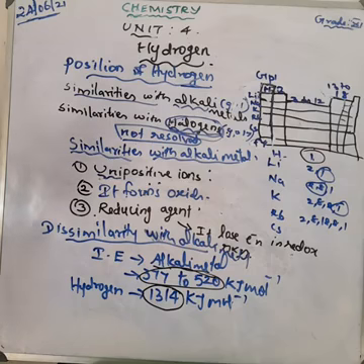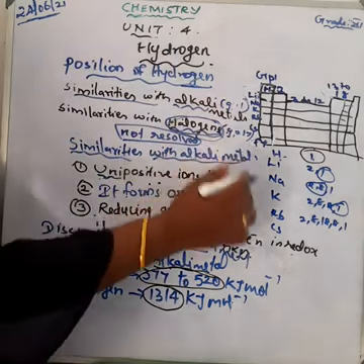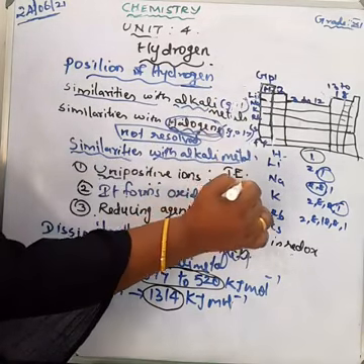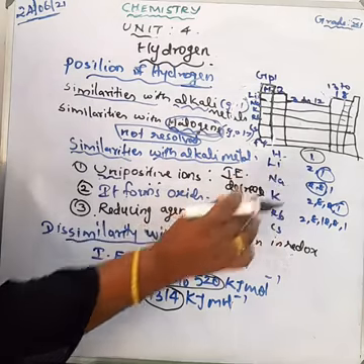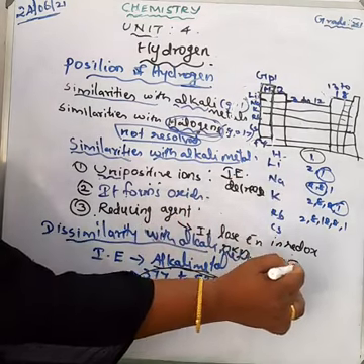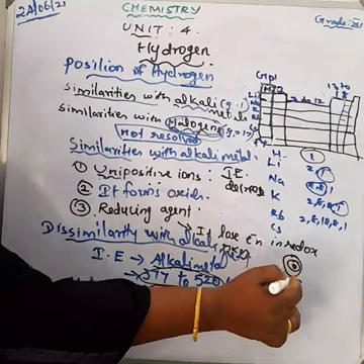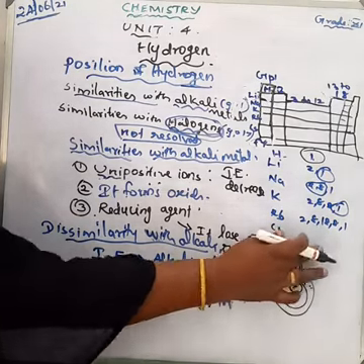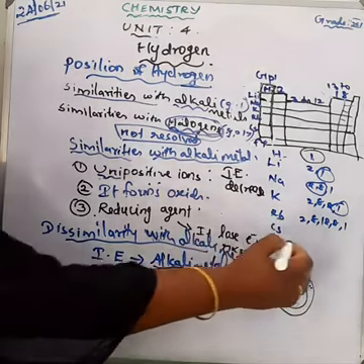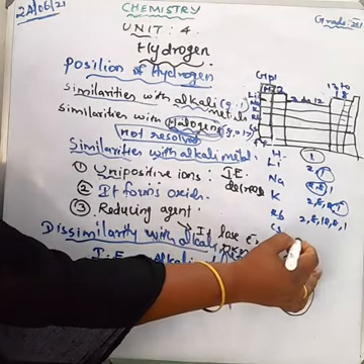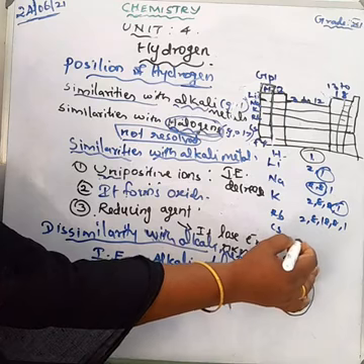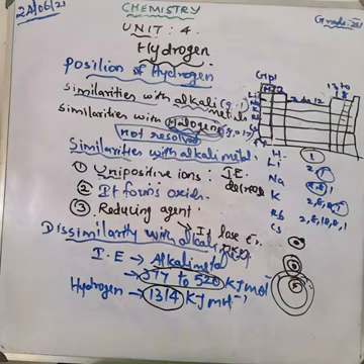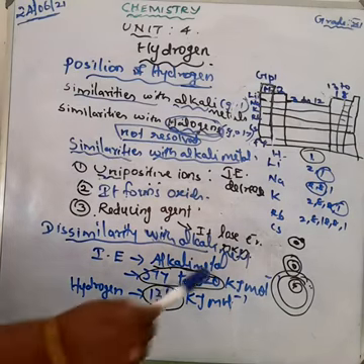When moving down the group, ionization energy decreases, because the distance between the center of the nucleus and the outermost electrons increases. So the nuclear force of attraction between the nucleus and the outermost orbit decreases. But in the case of hydrogen, there is only one proton and only one electron in the outermost shell of the hydrogen atom.